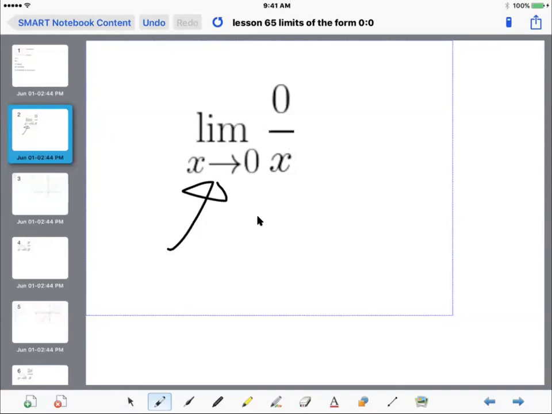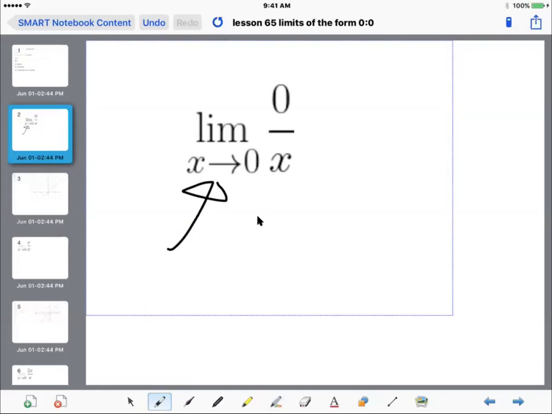Now if you plug 0 in, well, you get 0 over 0. So that's the whole point of this lesson. Is it a 0 over 0? 0 over 0 on its own doesn't have a specific answer, but the limit as x approaches 0 of some kind of fraction where both the numerator and the denominator approach 0, well, that can have an answer.